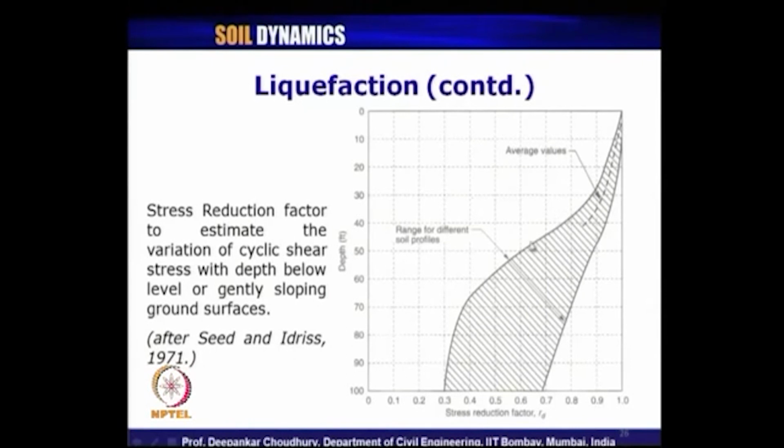So, you can see this is the range for various soil properties, and this dotted line shows the average value of the r_d, and as the depth increases, the stress reduction factor decreases, and at ground surface the stress reduction factor will be 1.